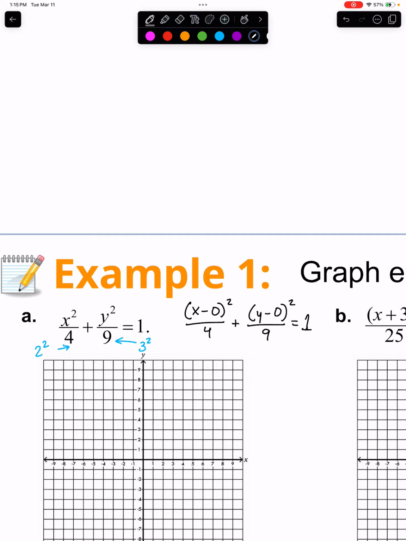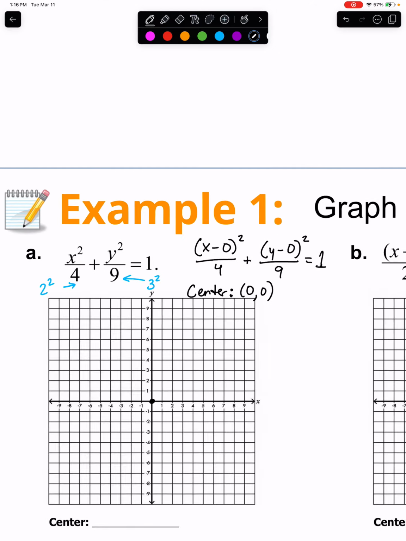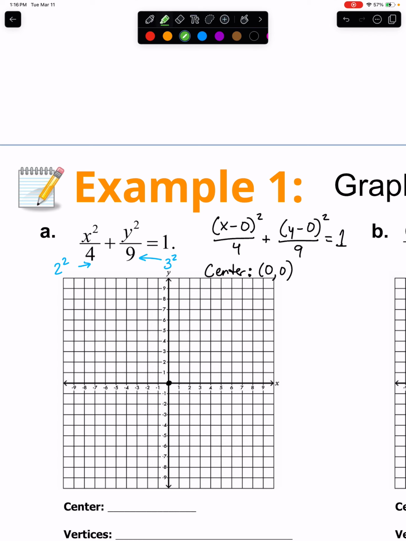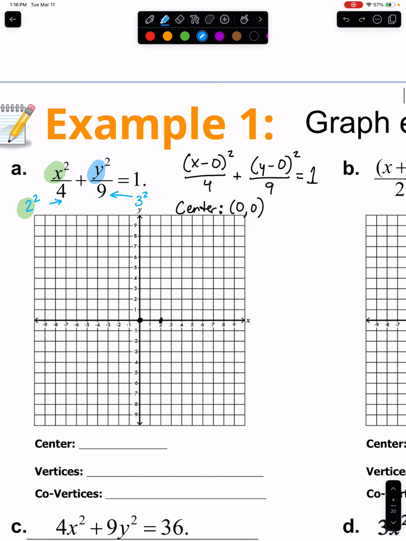So we know that the center of this ellipse is going to be at the origin 0, 0. So let me graph my center. Then from that center, I know that my x-axis is going to move by 2, and my y-axis is going to move by 3.